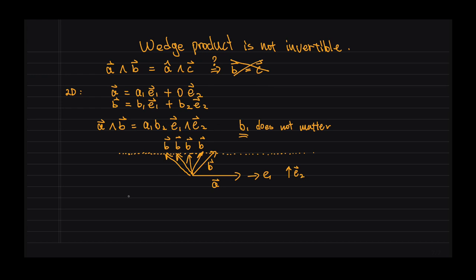This concludes that vector B is not necessarily equal to vector C. So generally, this is not true. Vector B equal to vector C? No, this is not.